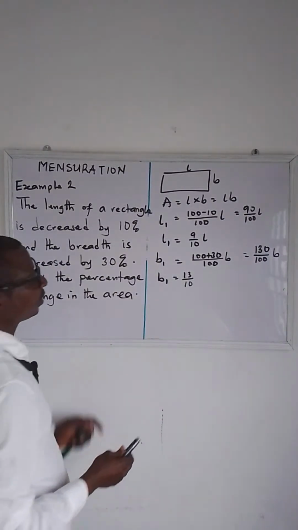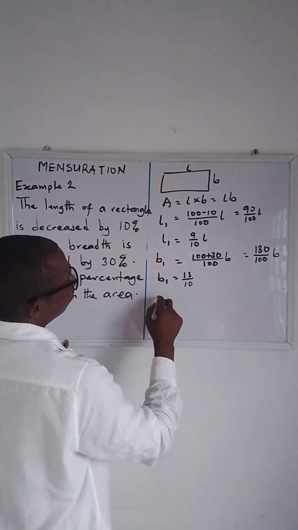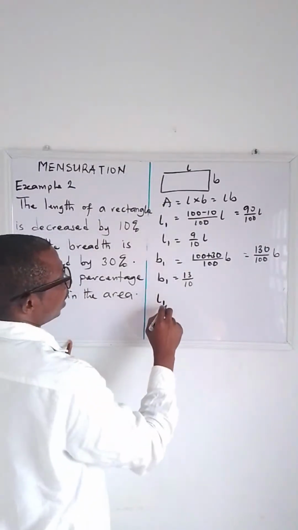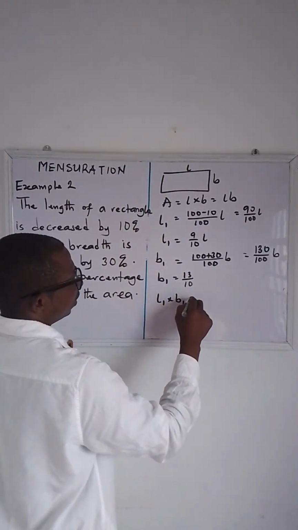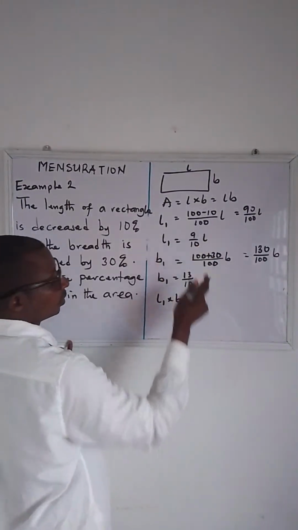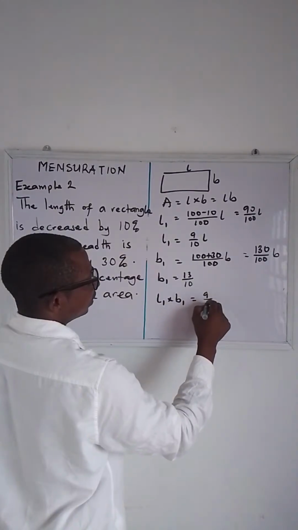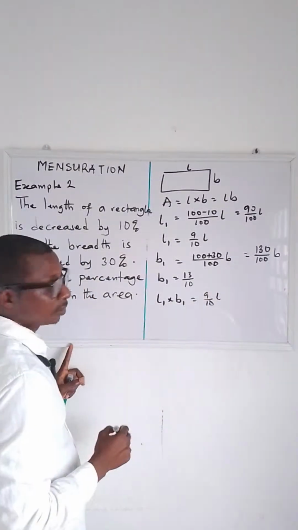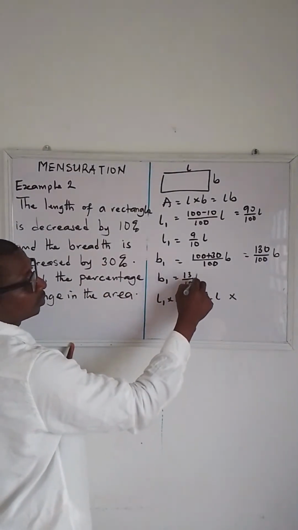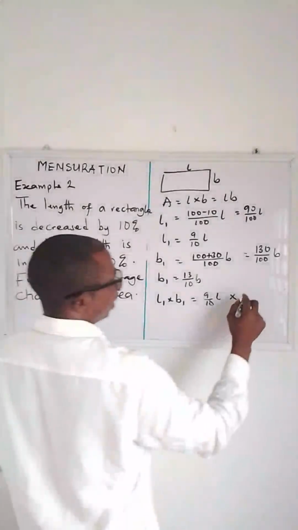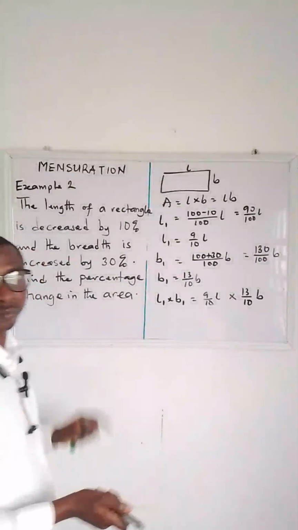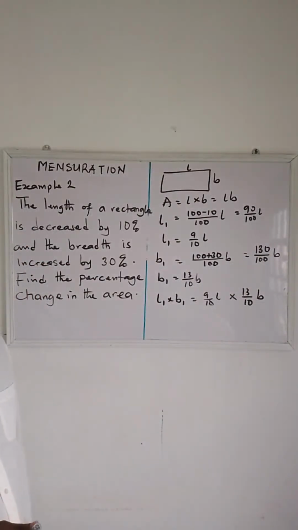All right, so now let us look at the next thing. We want to get the new area, L1 times B1. This is the expression for L1, that is 9 over 10 L, times B1. What is B1? Sorry, this has to have B. So we have times 13 over 10 B. I hope you understand that.